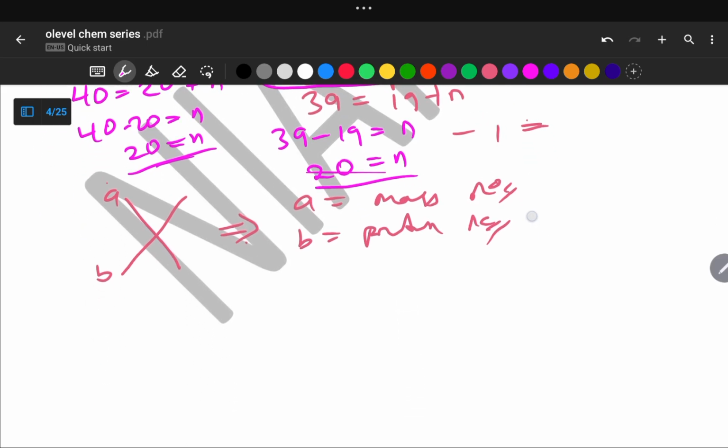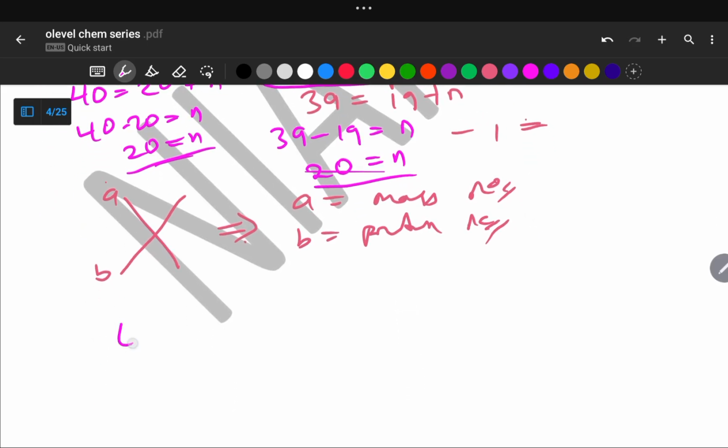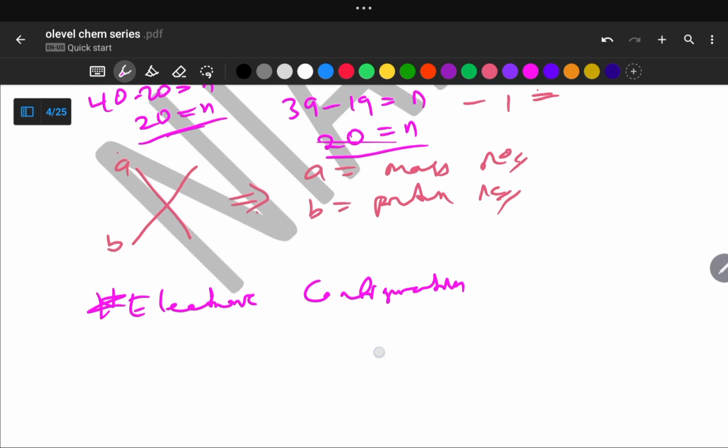So we want to go on to write what you call the electronic configuration. So electronic configuration is defined as the arrangement of electrons in their electric shells. Are we together, guys?